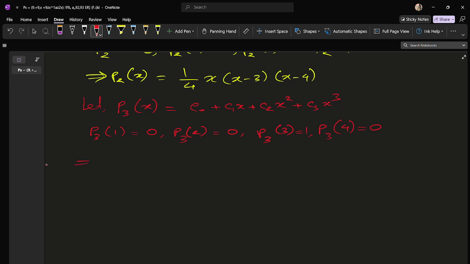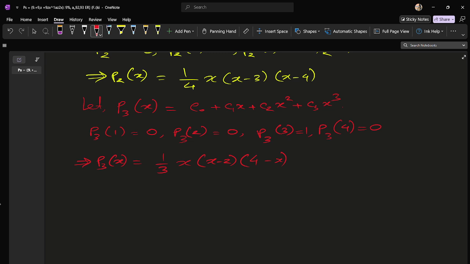Then p3(x) will be 1 by 3 times x into (x minus 2) into (4 minus x). I made some mistake here, so it will be 4 minus x.